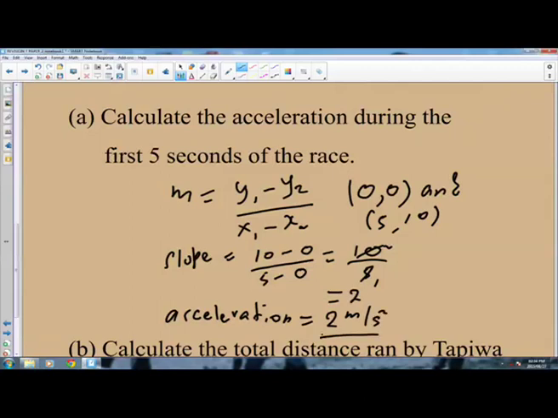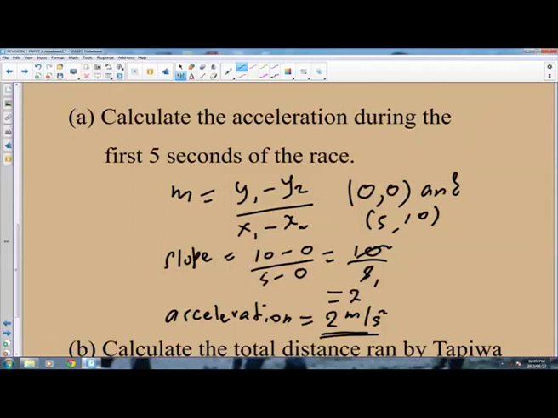In a speed time graph, the slope of the line represents acceleration. So if you are asked to calculate acceleration for a given portion within the speed time graph, all that you need to do is to calculate the slope of the line at that point. Here, we picked 2 points along the line, 0 and the point 5, 10, then used those 2 points to find the slope of the line.